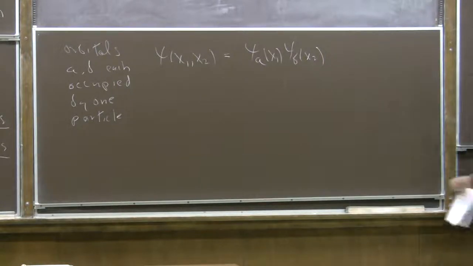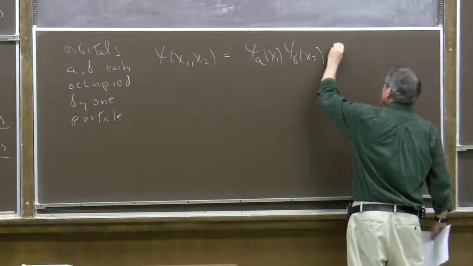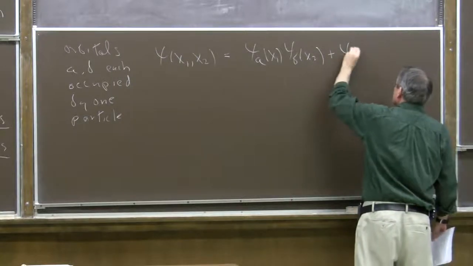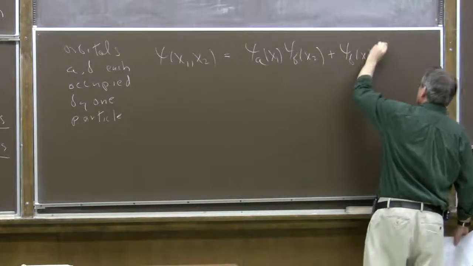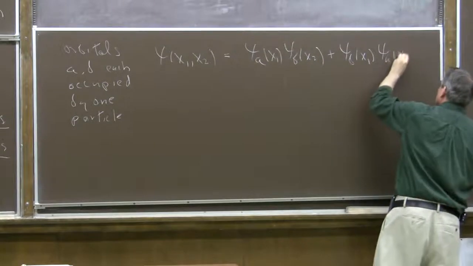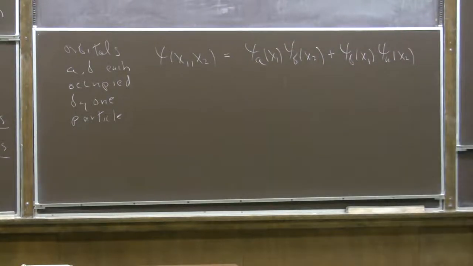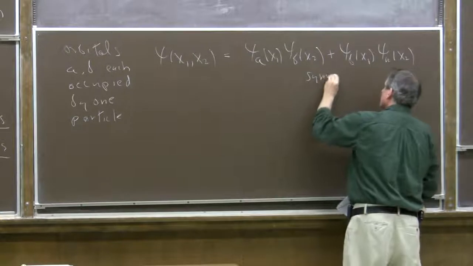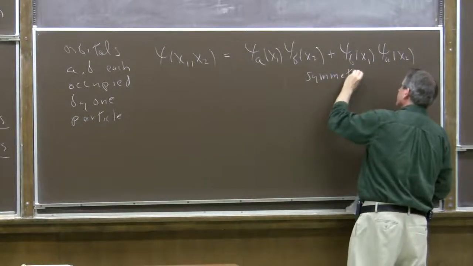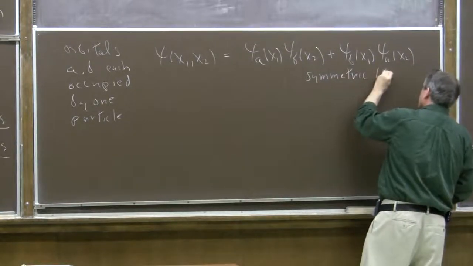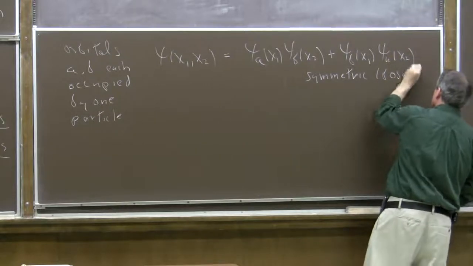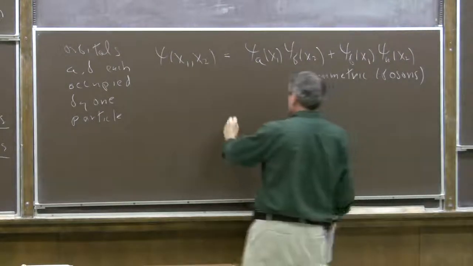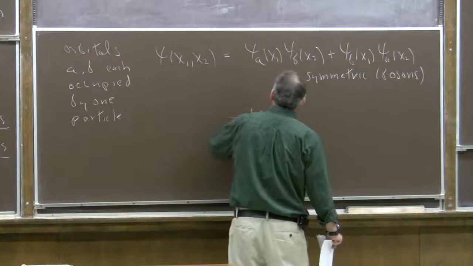If they're bosons, I should make it symmetric by adding the same function but with x1 and x2 interchanged, or equivalently interchanging A and B. So that would be the symmetric wave function, which would be the right way of writing the two-particle wave function for a boson, or pair of bosons. In the case of fermions, though, I would have to put in a minus sign.